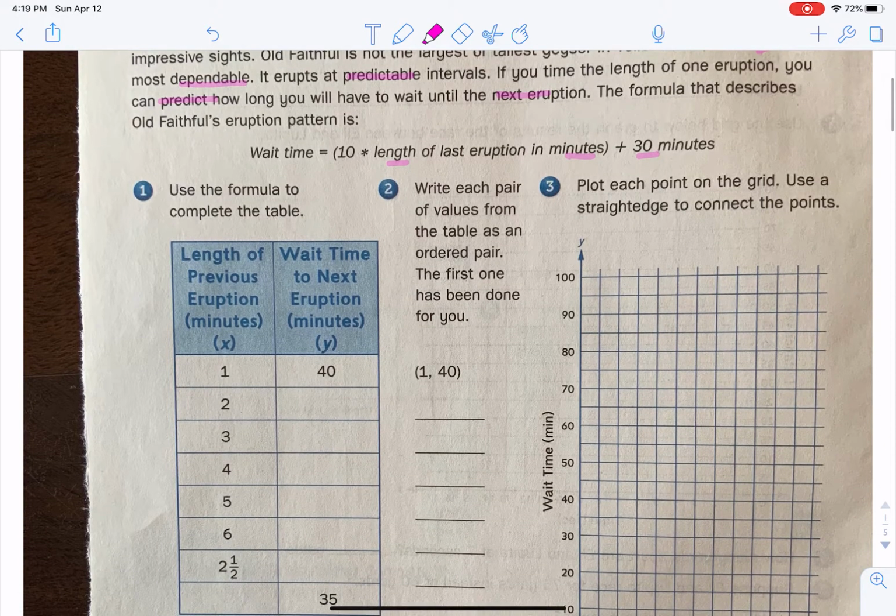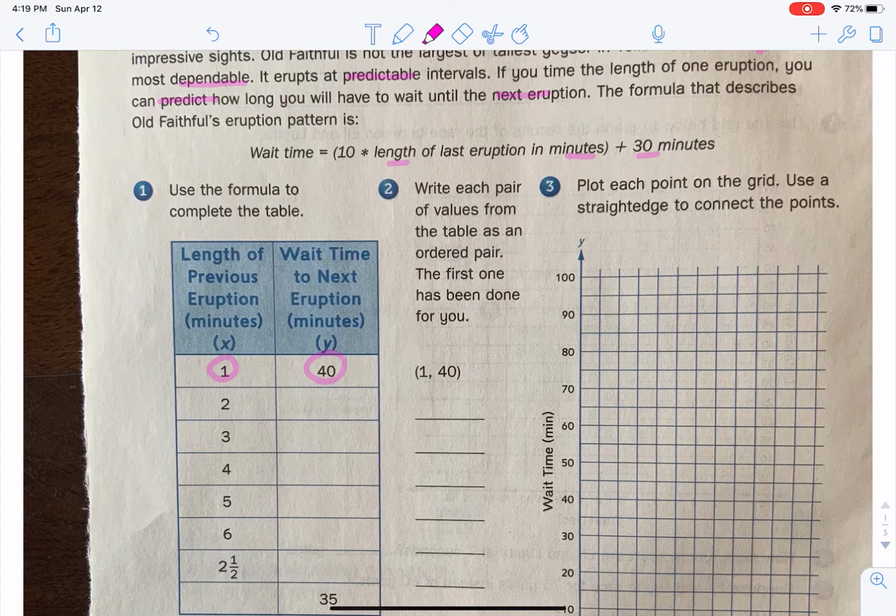So, if we look at the length of the previous eruption, let's say that the eruption was 1 minute, the wait time to the next eruption will be 40, because we had 10 times the length of the last eruption plus 30.